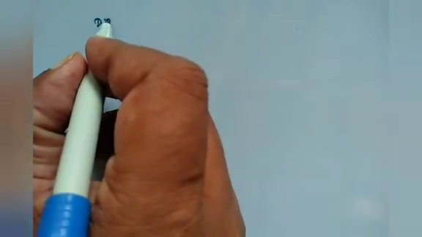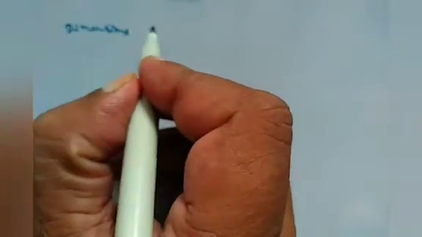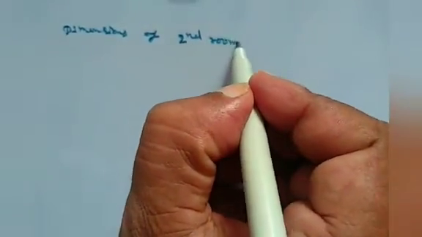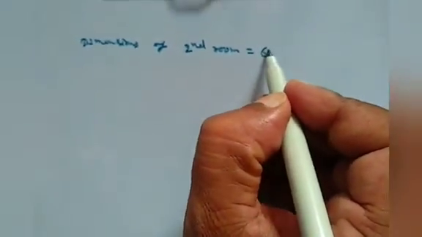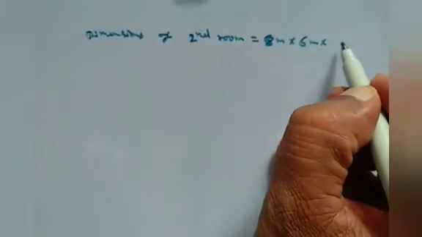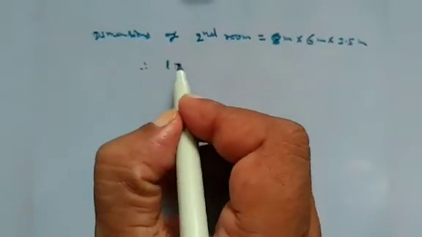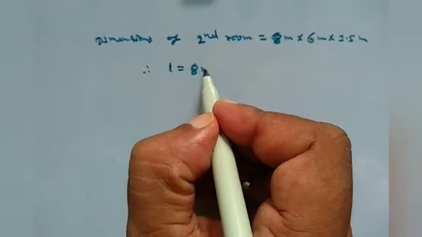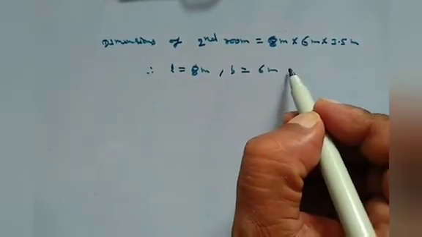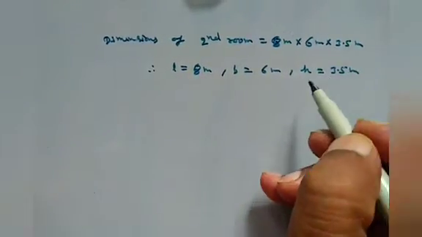Dimension of second room equal to 8 meter into 6 meter into 3.5 meter. So L is equal to 8 meter, B is equal to 6 meter, and H equal to 3.5 meter.